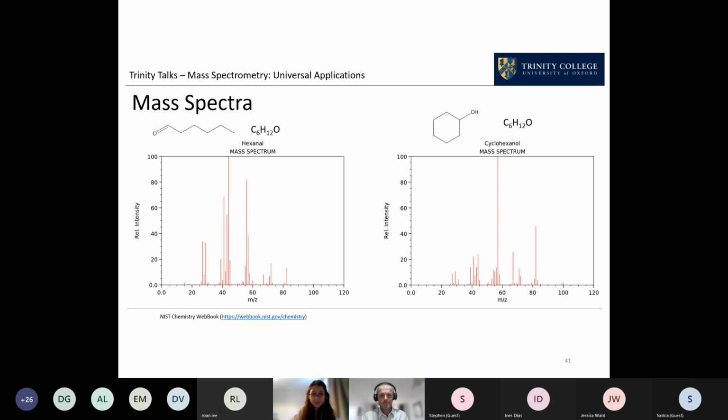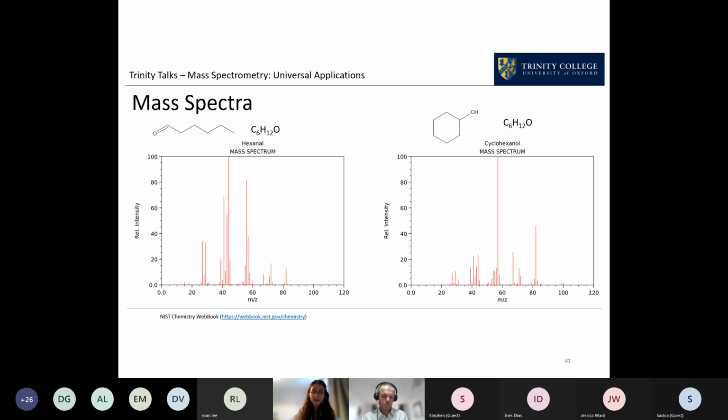So every corner is a carbon, and you just add on as many hydrogens as are needed so that carbon has 4 bonds, because generally you assume that carbon will have 4 bonds. So you can see that they're very different structurally. One's an aldehyde, that's hexanal on the left, and one is an alcohol, cyclohexanol on the right.